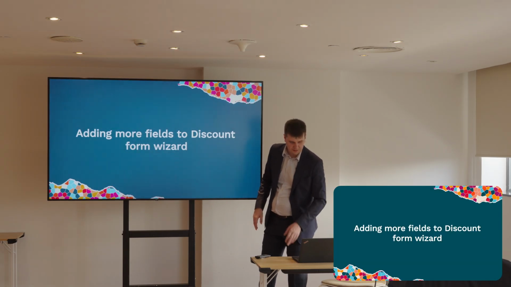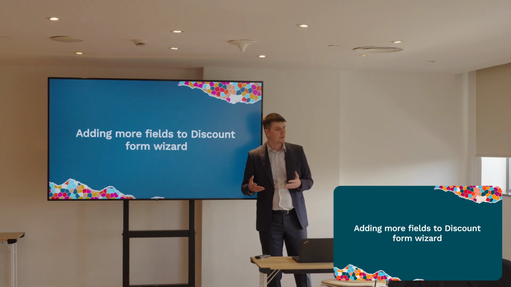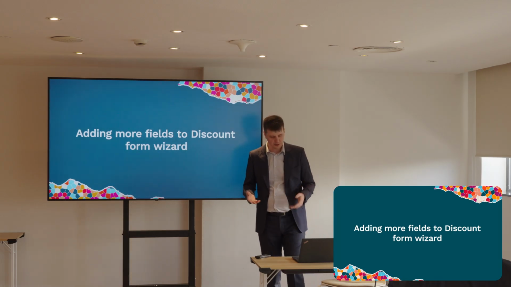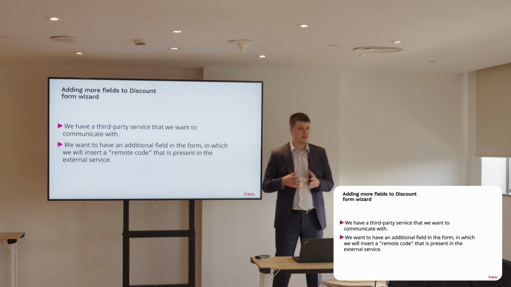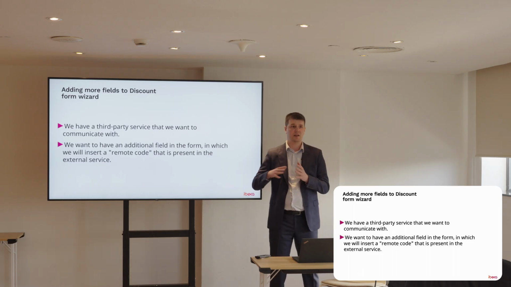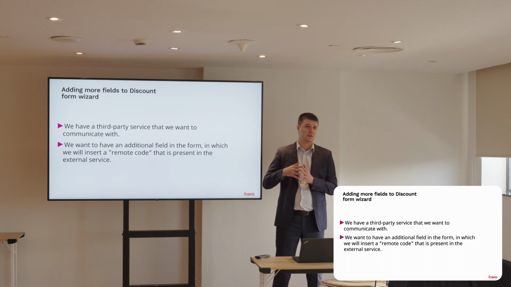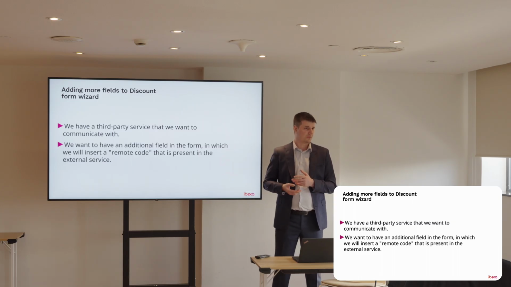So how do we add a field to a specific step? Imagine that we have a condition where we want to have a third-party service, and that service, for example, wants to know every time we're creating a discount.